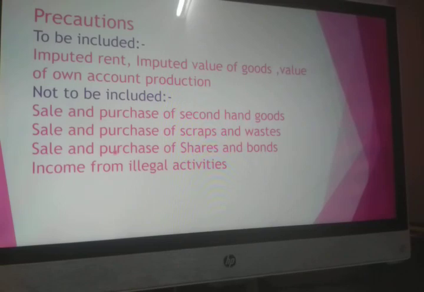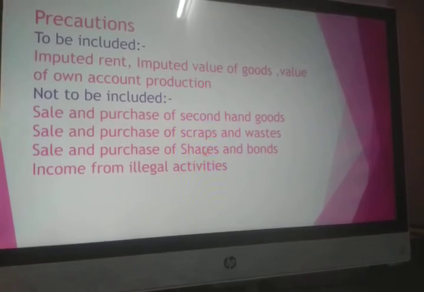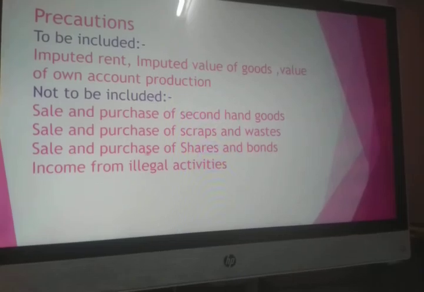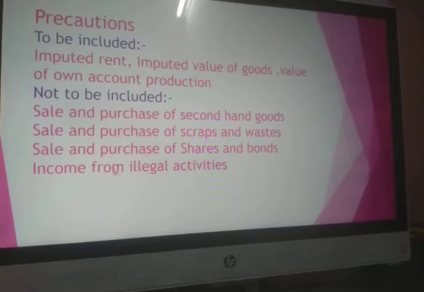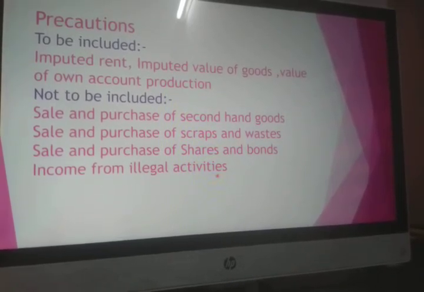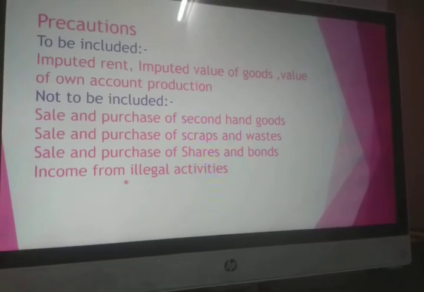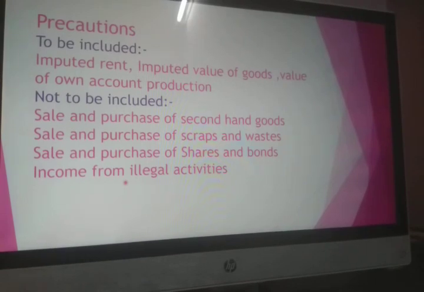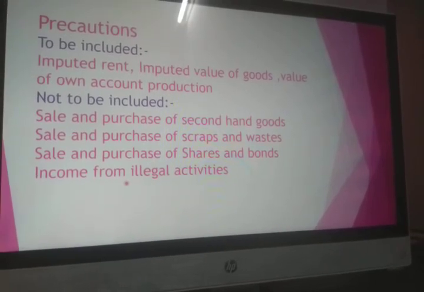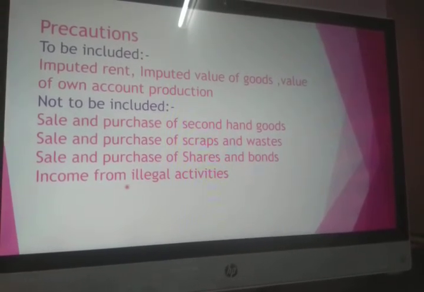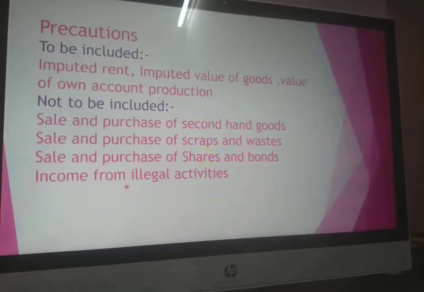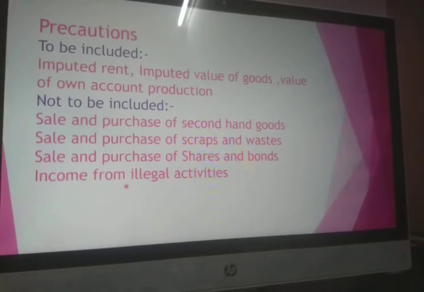Because the physical assets are taken, and this is the financial assets against those physical assets. Income from illegal activities will not be included. Any type of income, maybe income from lottery, income from windfall gains, etc., will not be included in the product method calculation.